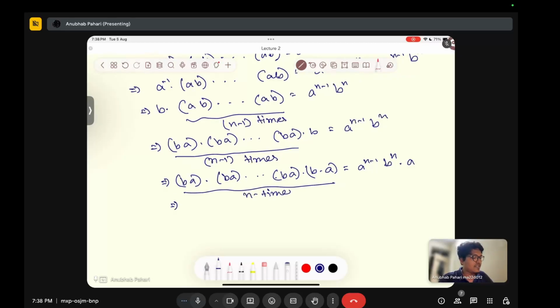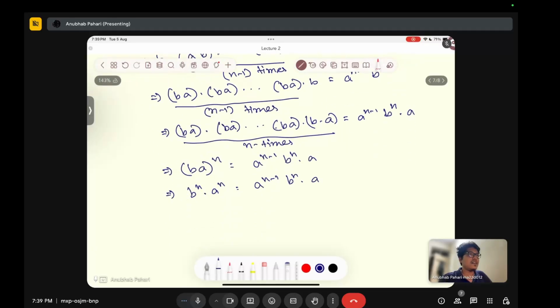So this will be n times. We will be given that this to the power n should be a^(n-1) b^n a, and again from the convention it should be b^n to the power n and a^(n-1) b^n a, and from there we can simply write this as a^(n-1) b^n.